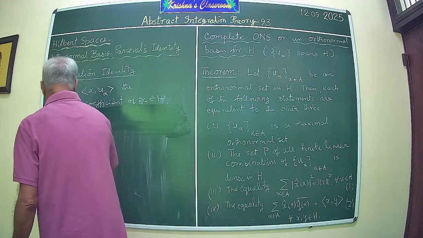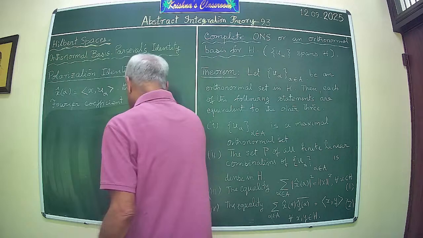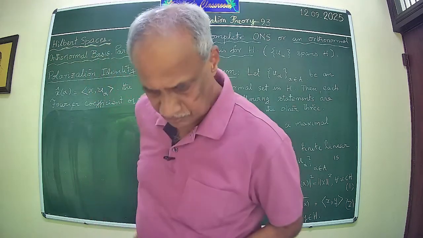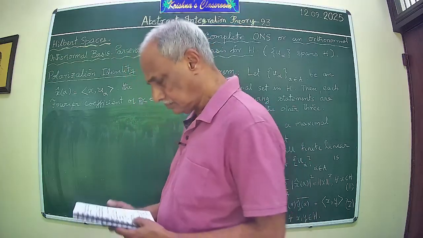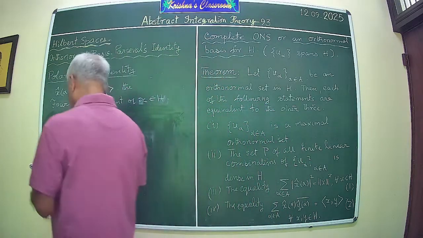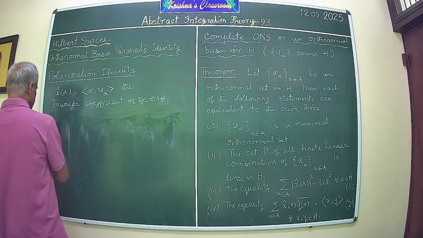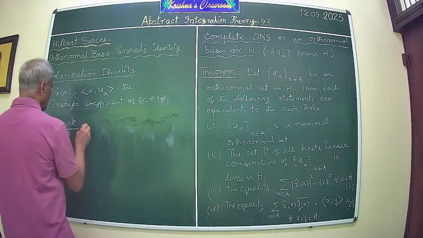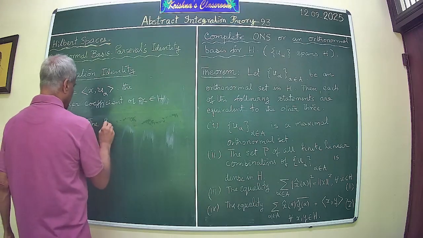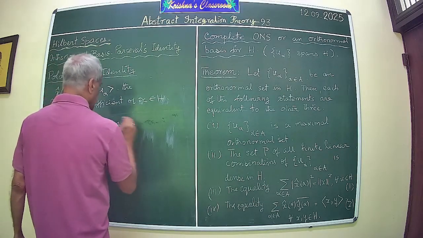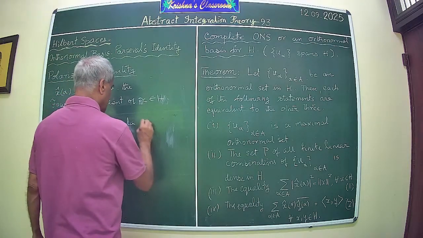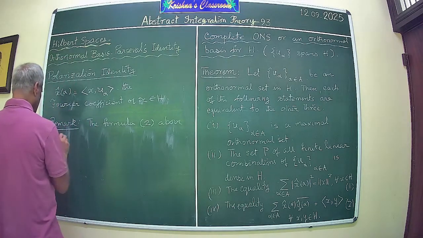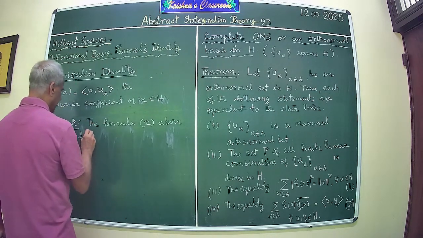So we'll make some remark before that and give the names. It is called the Parseval's identity.